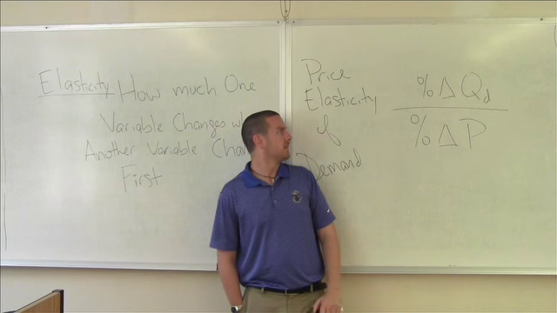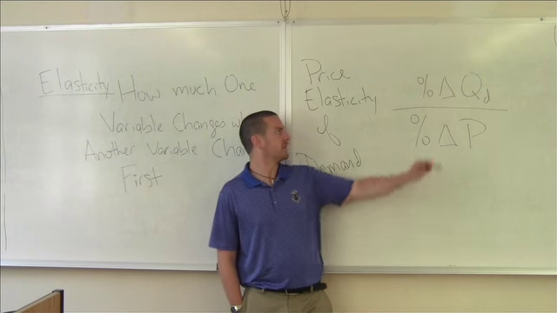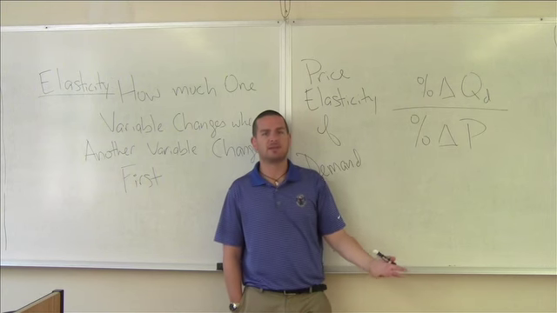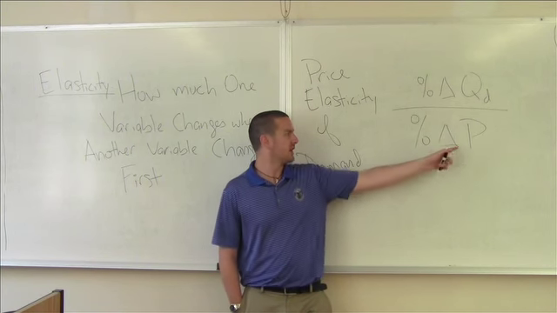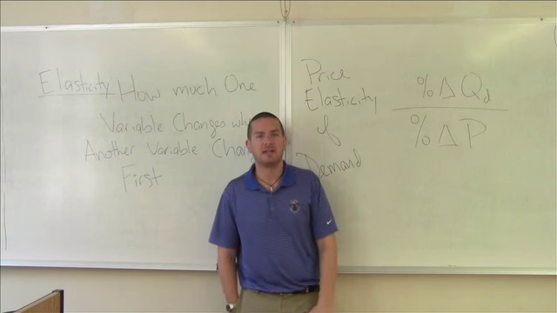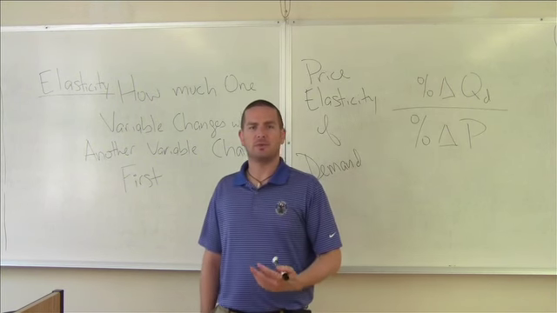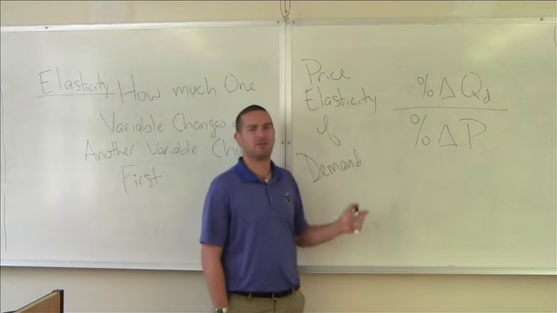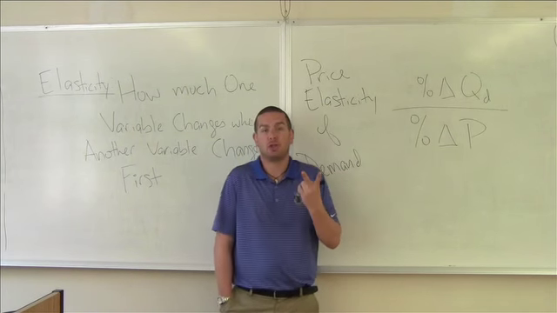So if the percent change of quantity demanded was 10% and the percent change of price was 5%, then your elasticity would be 2. The price elasticity of demand for some good or service would be 2.